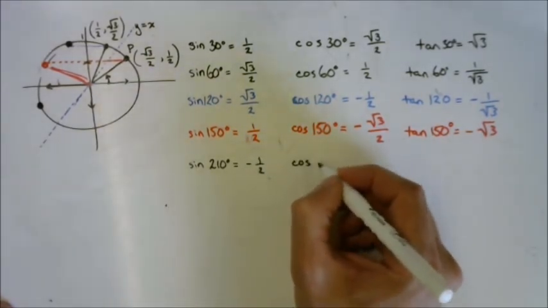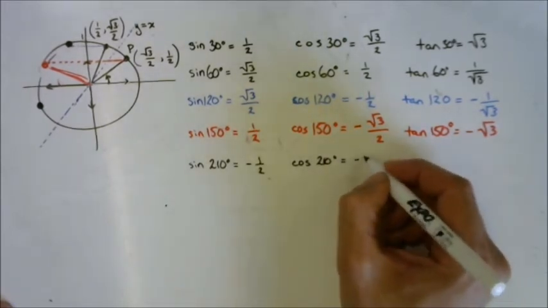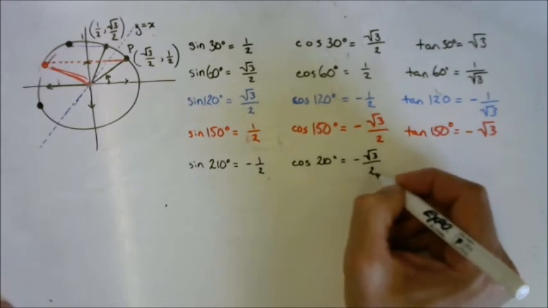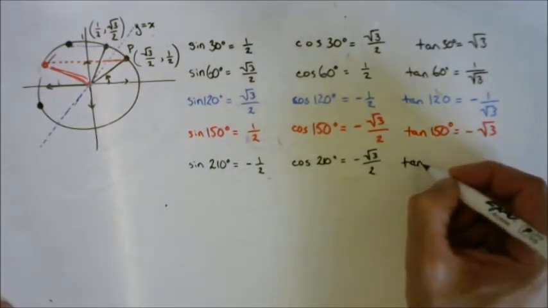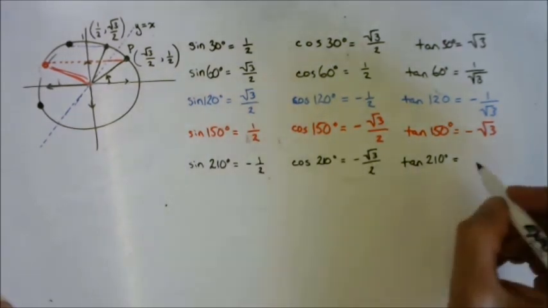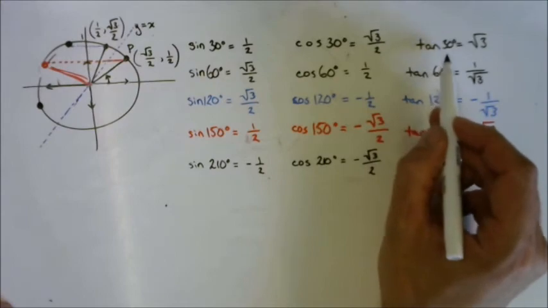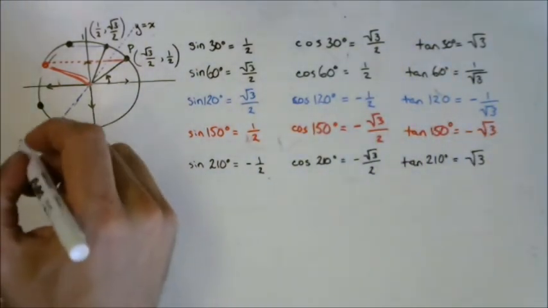The cosine of 210 is negative radical 3 over 2. And then look at what happens to the tan of 210. It now has two negative factors. So the tan of 210 is actually equal to the tan of 30. It's going to help us think about some of our properties later on.